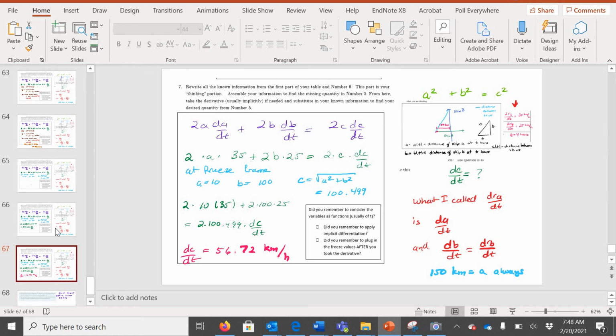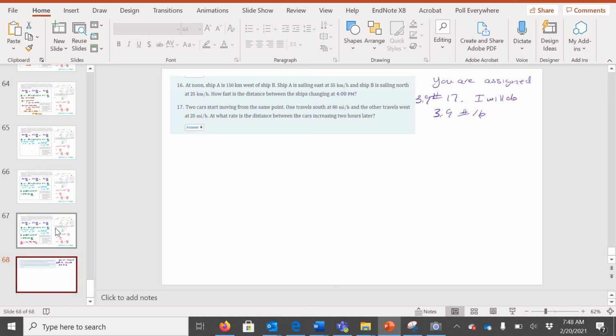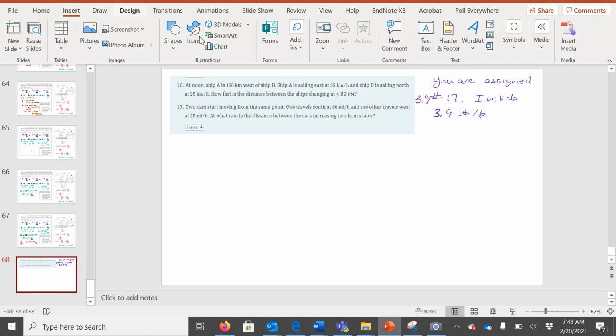I went back and looked at your problem, and I wondered if it would be the same. It is. You have one car moving south, so you're going to have something like this. You can call it car A if you want to.